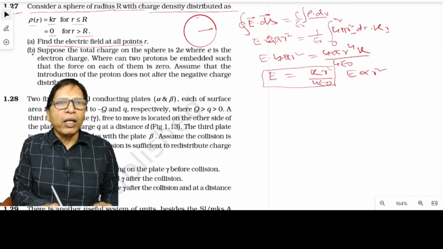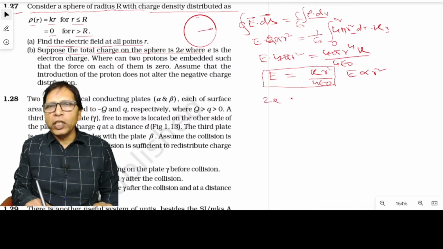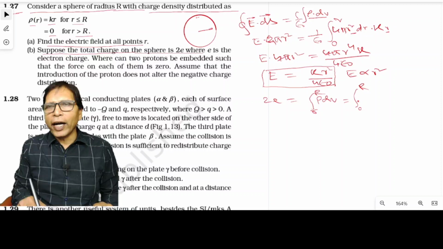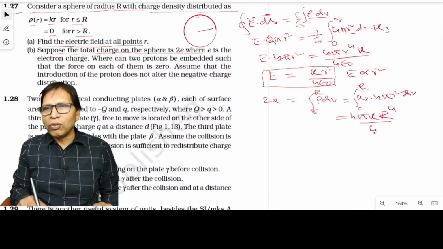Now part B. Suppose the total charge on the sphere is 2e. So 2e equals the integration of rho dV from 0 to R. Here rho is kr and dV is 4 pi r square dr. So this becomes 4 pi k R to the power 4 by 4, and this equals 2e.